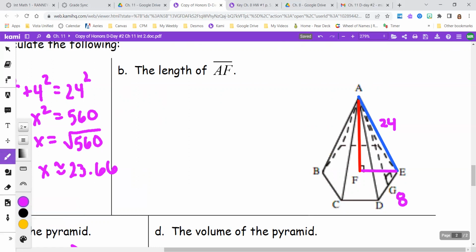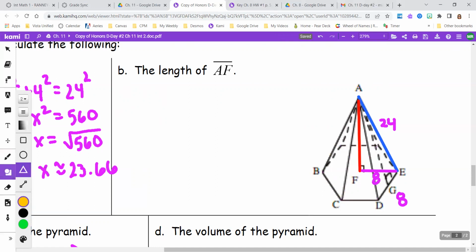Now, in this situation, that is going to be one of the sides of that hexagon I just drew. And for that hexagon, each of the sides of the equilateral triangles that make up that hexagon are going to be 8. So this is going to end up being an 8.